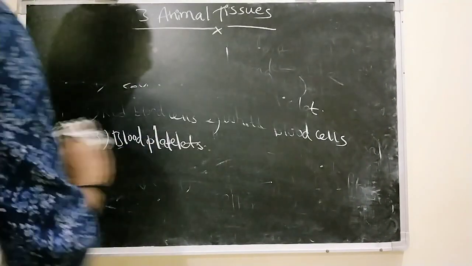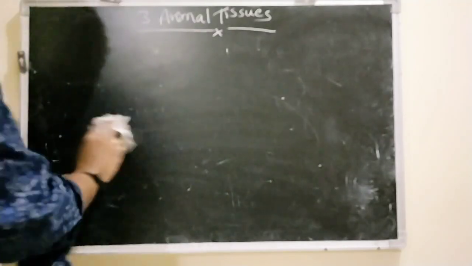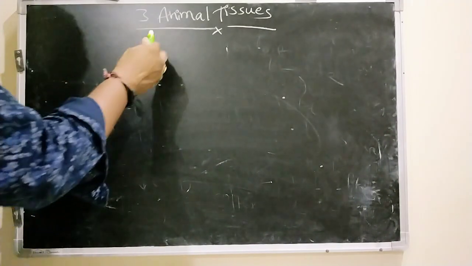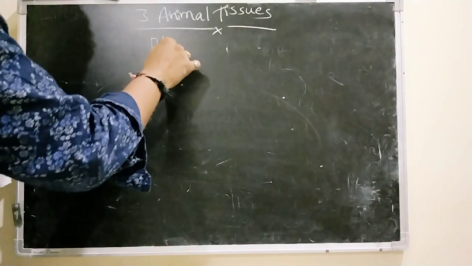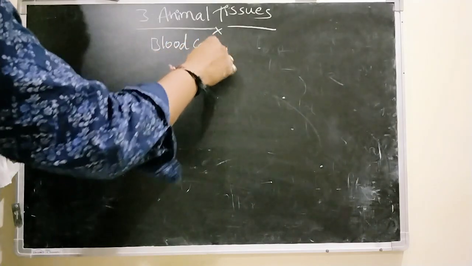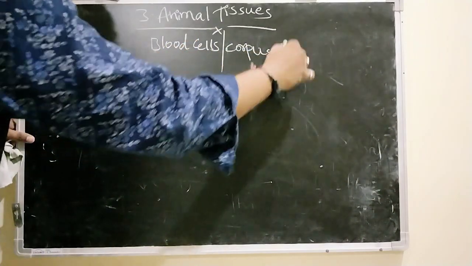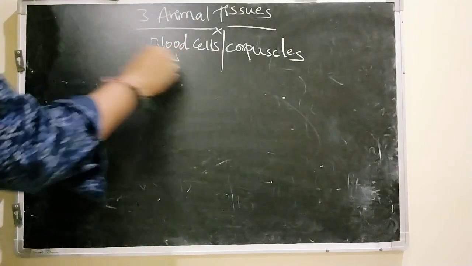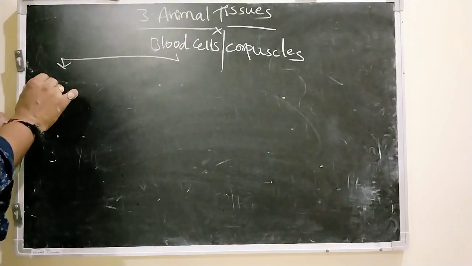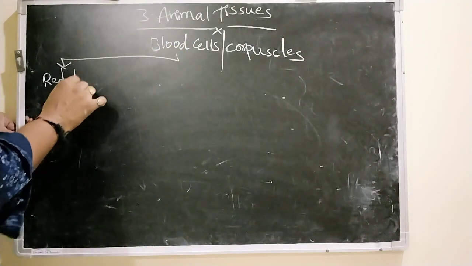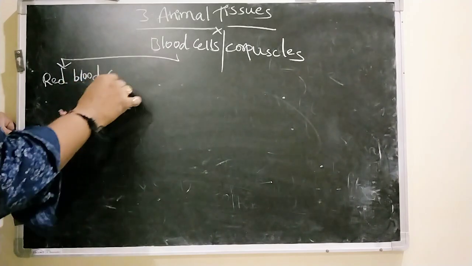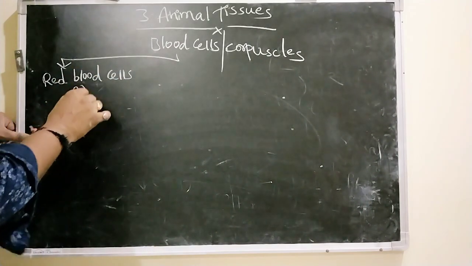the cells of blood are called corpuscles. And these are three types. We will mention it in the form of a flow chart: blood cells or corpuscles, three types. Red blood cells, also called erythrocytes.